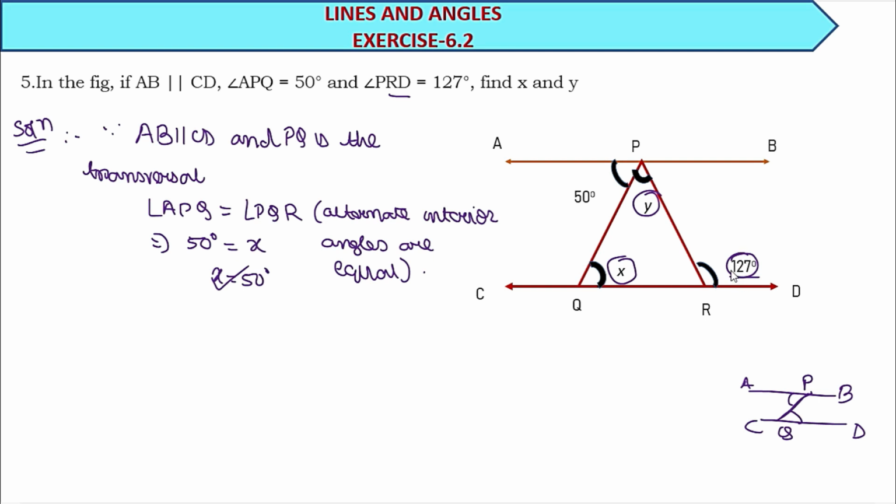So for this triangle PQR, this is the exterior angle, and we know that the exterior angle is equal to the sum of the opposite interior angles. So these are the interior angles opposite to the exterior angle. So we will write down as, in triangle PQR, angle PRD equals angle PQR plus angle QPR.